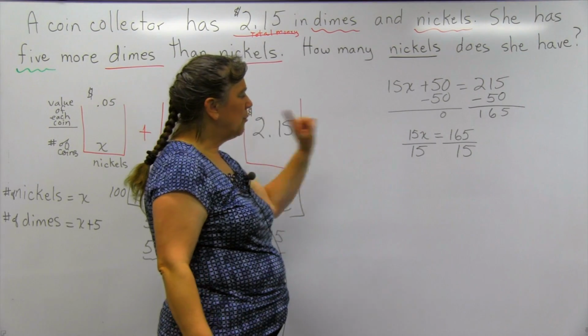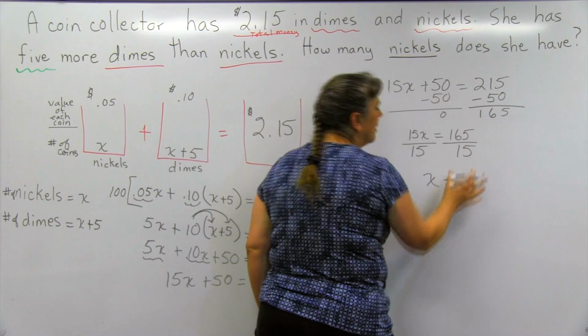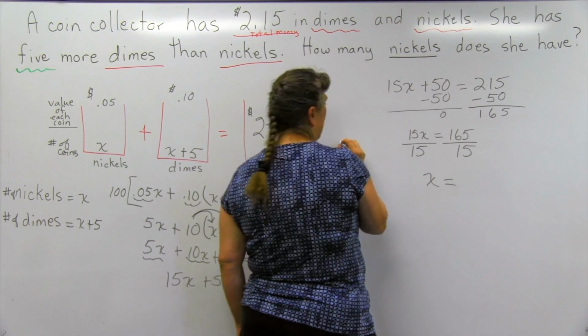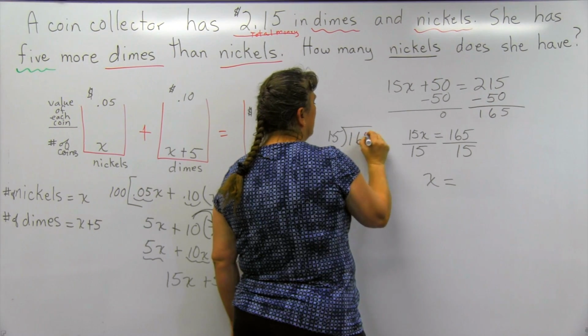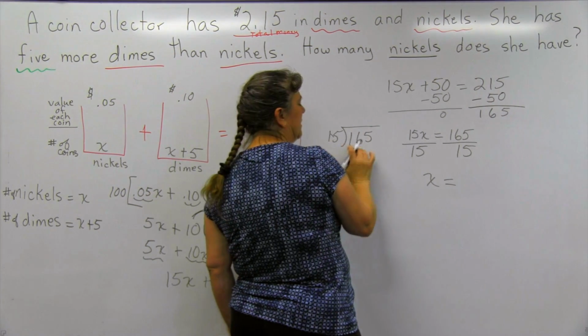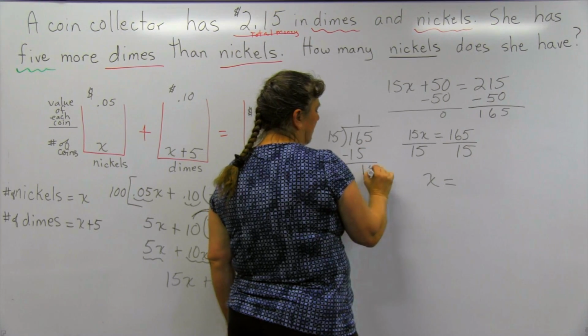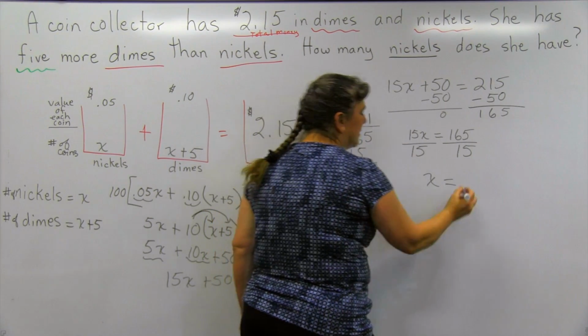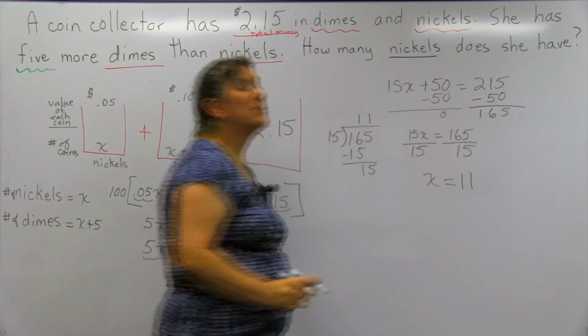So that leaves us with 1x, or just plain x. And that's going to equal 15 into 165. Now, I'm going to go ahead and just do it on the side, because I don't have it in my head. 15 into 16 is 1. 15 subtract 1 and 5, 15. So this is 11. So my x equals 11.